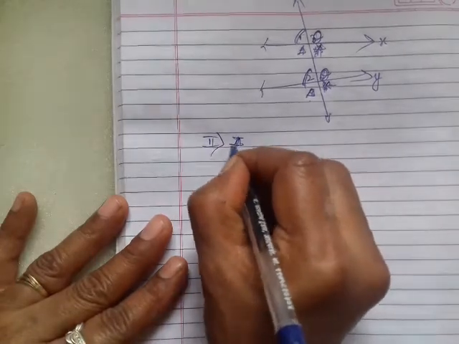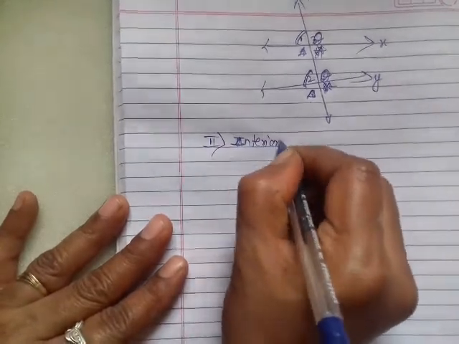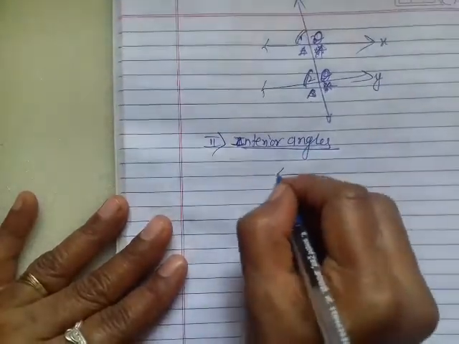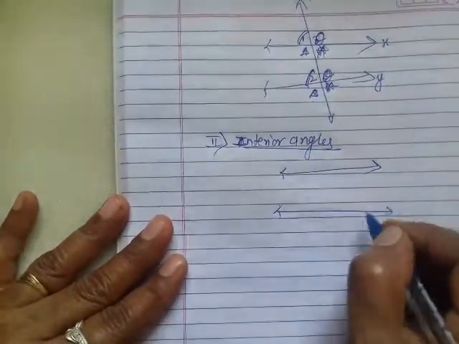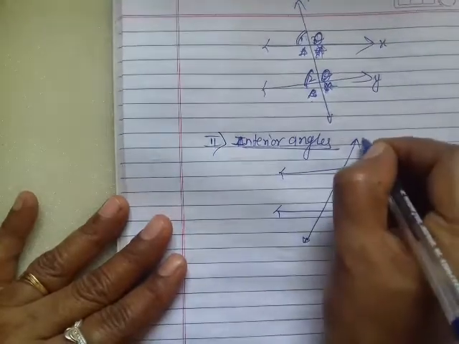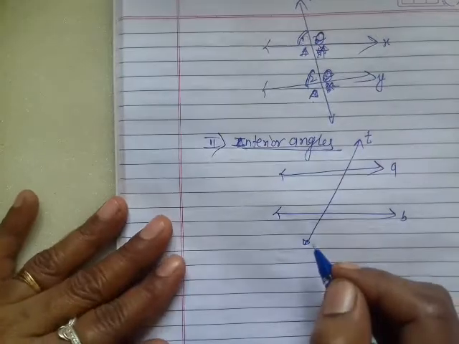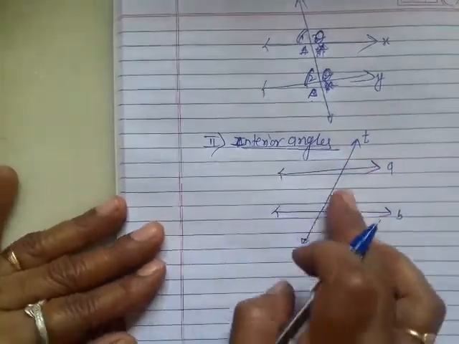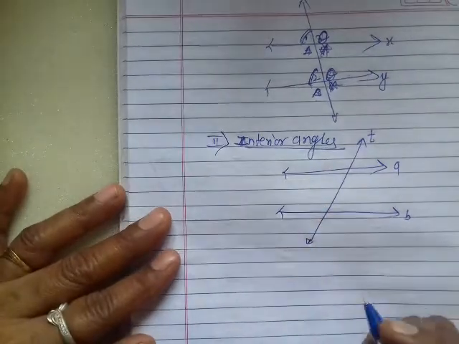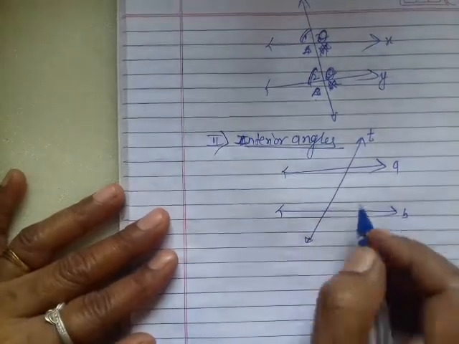First I will show interior angles. Now, which are the interior angles? Once again I am drawing two lines intersected by a transversal, suppose A and B, and small t is my transversal. Now the intersecting points I am not marking, because I will just give the angles. Which angles are interior angles?